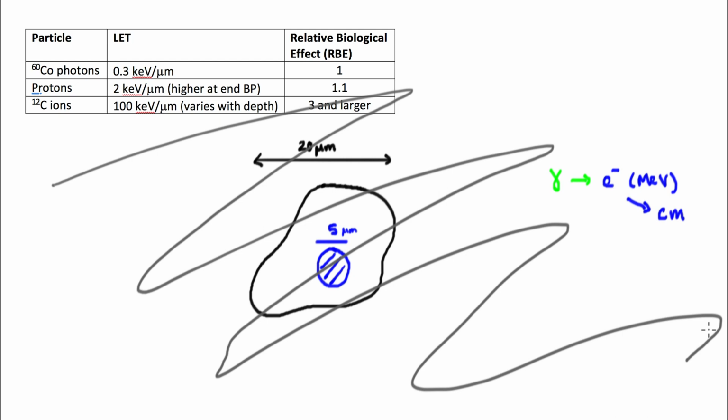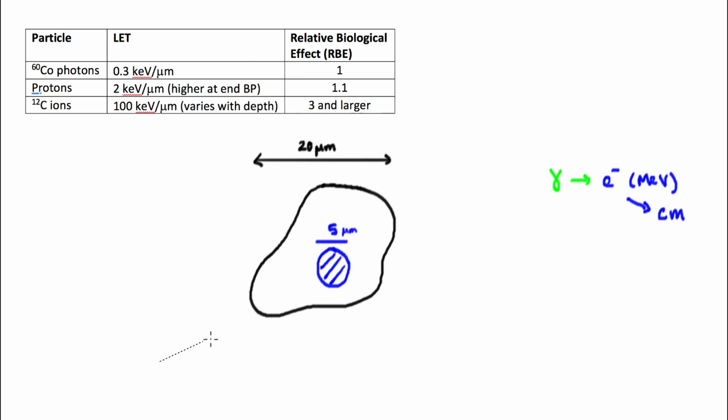That's very different than a high LET particle. Let me show what it looks like for high LET. Here you have a particle coming in, and it interacts at a particular point, and the dose deposition is very localized. The region around where the effect is very small.